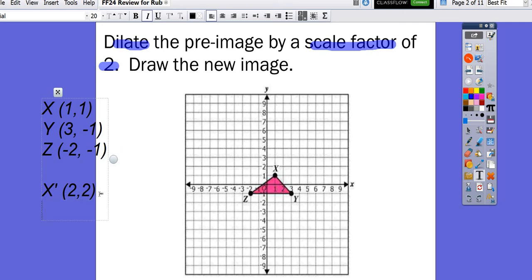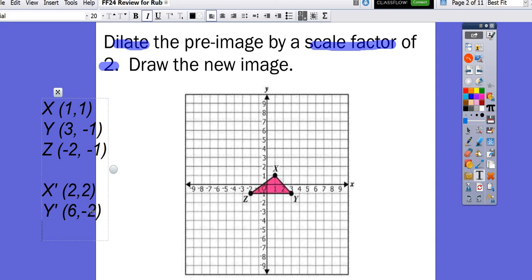Now let's do Y prime. Okay, Y prime, I'm going to start with a 3 here, multiply it by 2, the scale factor of 2. 3 times 2 is 6. Then I'm going to look at the -1, multiply it by 2. -1 multiplied by 2 is -2.